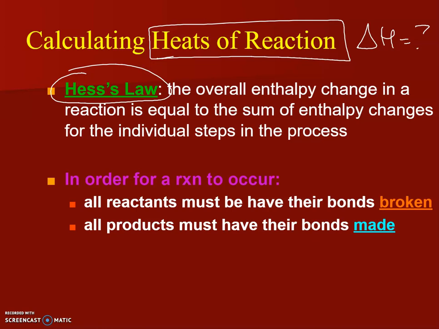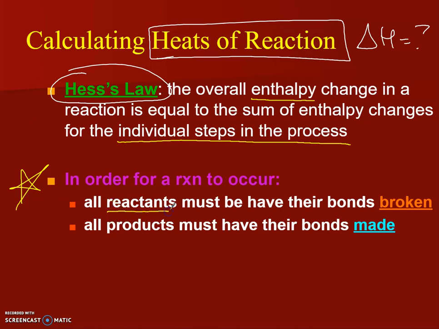And Hess's law is where you use the overall enthalpy change in the reaction, and that is determined by putting together the individual steps of the process. The key to understand this is that two things happen when a reaction occurs.